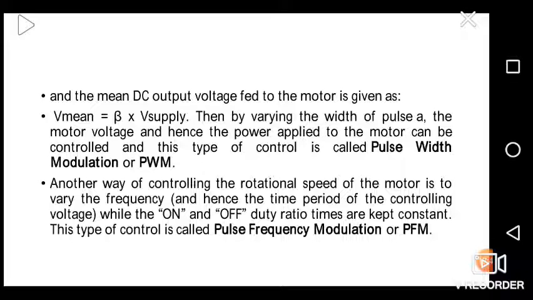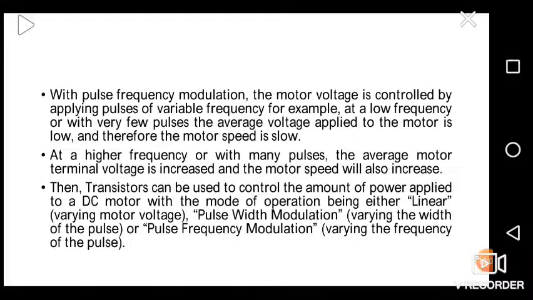Another way of controlling the rotational speed of a motor is to vary the frequency while on and off duty ratio times are kept constant. This type of control is called pulse frequency modulation or PFM. With pulse frequency modulation, the motor voltage is controlled by applying pulses of variable frequency. For example, at low frequency or with very few pulses, the average voltage applied to the motor is low and therefore the motor speed is slow.